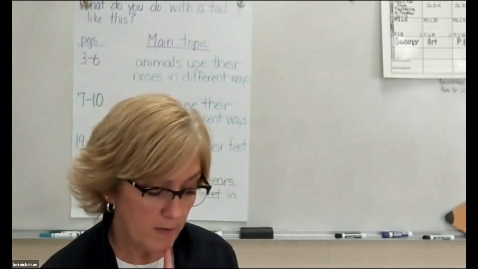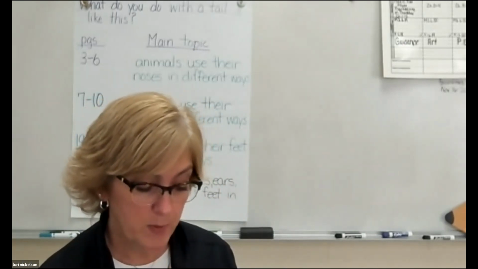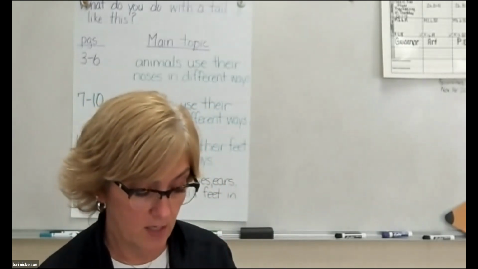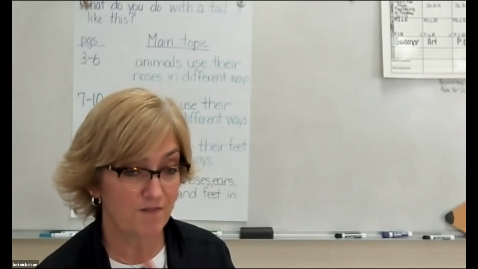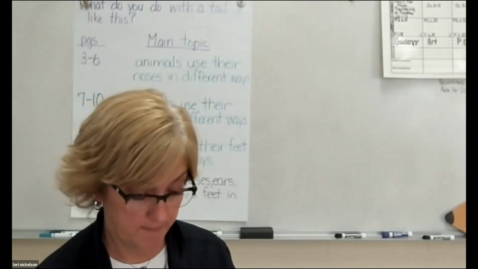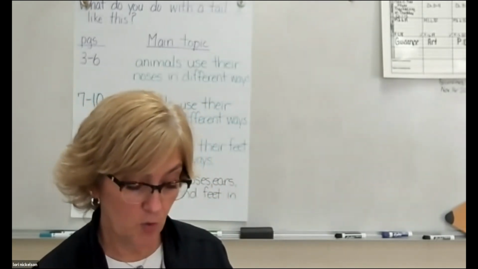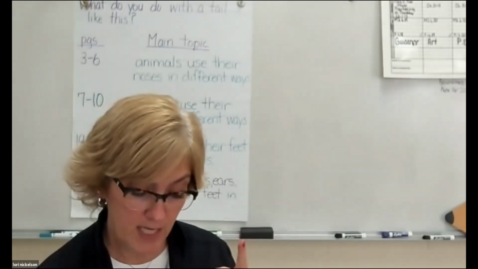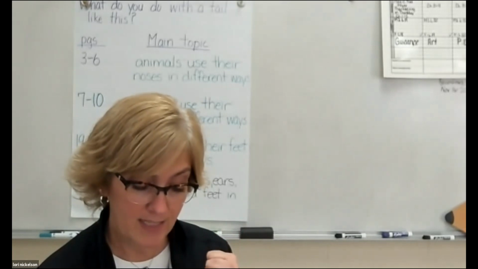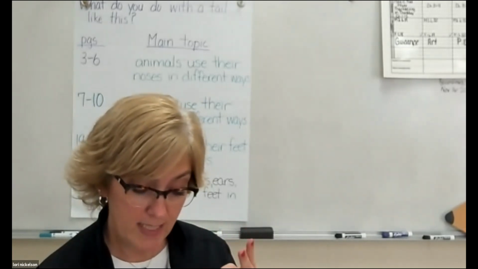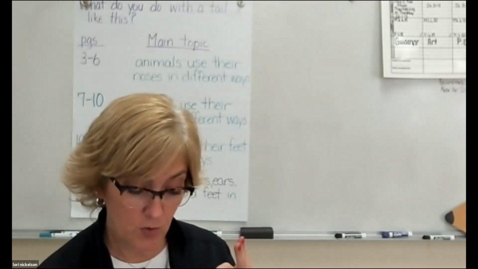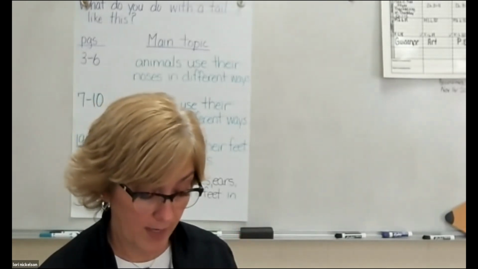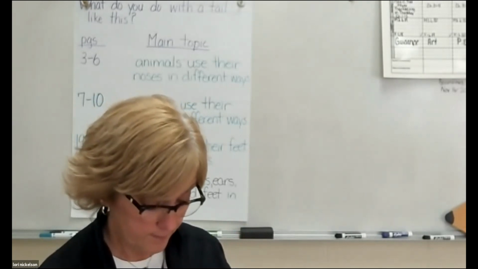So we're going to write an informative paragraph explaining how 2 animals from this text, what do you do with a tail like this, use the same feature differently. So we've got to make sure we have a topic statement that names the unique feature from the text. We've got to list 2 or more details that tell about how animals use that feature differently. And then we've got to write a conclusion.